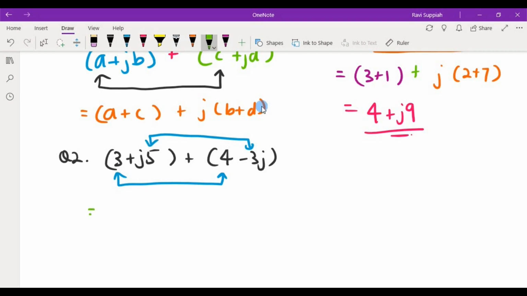So what I have here is 3 plus 4, added with j, 5 minus 3, and I will get 7 plus j2.